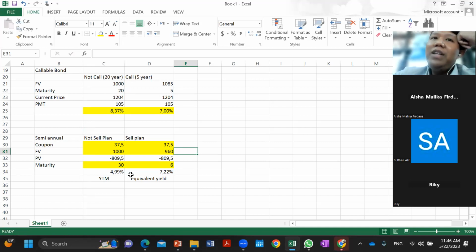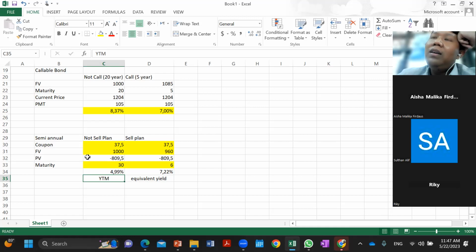Yield to maturity is an expected return when we hold this bond until maturity, when we receive all the coupon payments and the face value at maturity. But what happens if we don't hold it until 15 years?